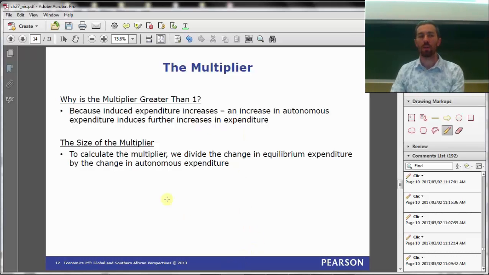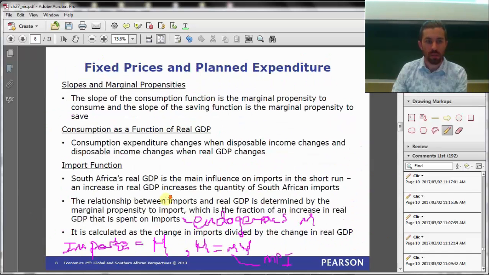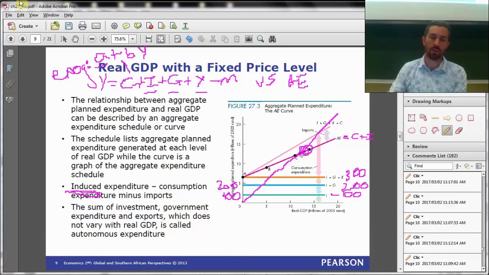Right? What are we talking about? Remember our equation? Remember, C equals A plus BY. If we increase G, an increase in G increases Y. An increase in Y increases C. An increase in C increases Y, which increases C, which increases Y. Okay?